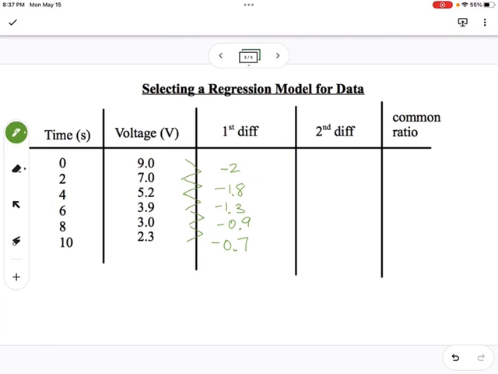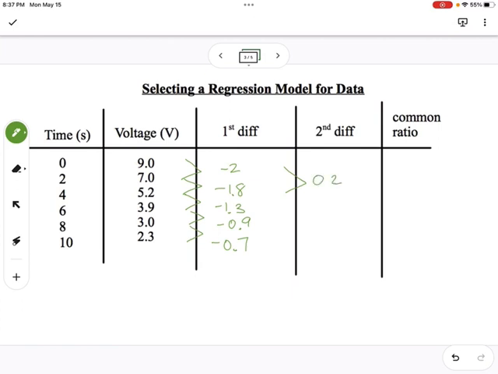Okay, so what we notice with our first differences is that none of these are the same. These are spaced out between -2 and -0.7. So let's look at our other ones. Continuing into second differences, we're doing -1.8 minus -2.